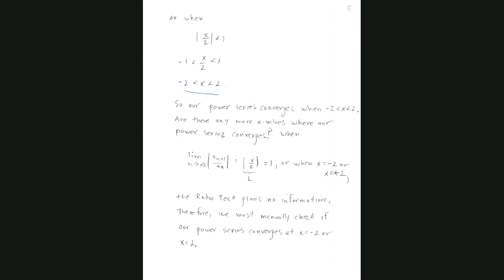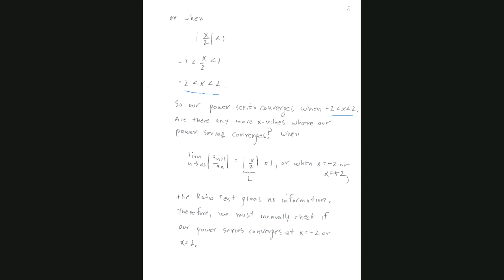So our power series does converge when x is between negative 2 and 2. We could substitute any x value between negative 2 and 2 into the power series, and the series we would get would be convergent.